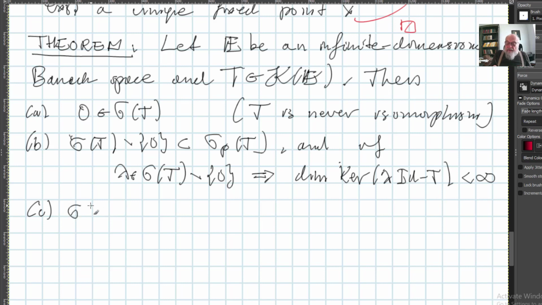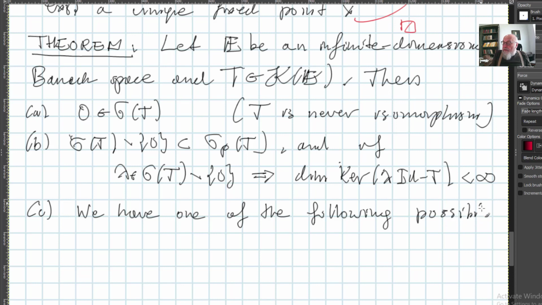And then we have C, and in this C we have the following: sigma of T minus 0, we have one of the following possibilities. The first one, sigma of T minus 0 is either empty.